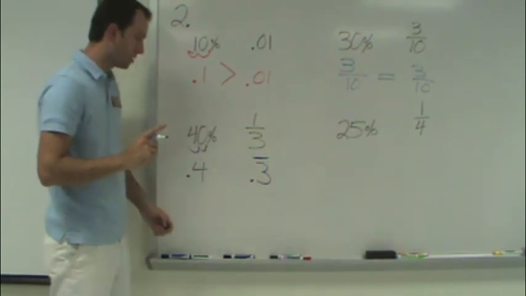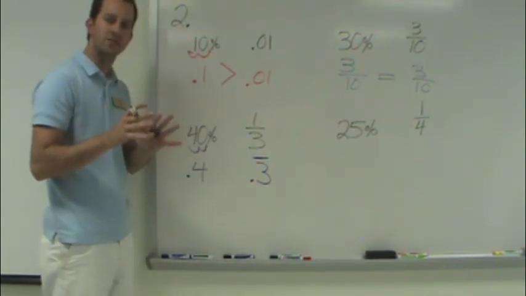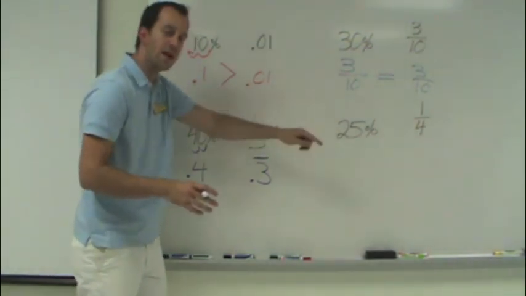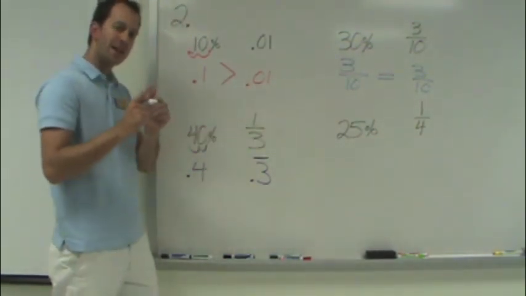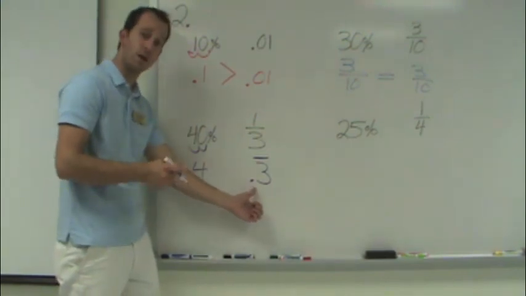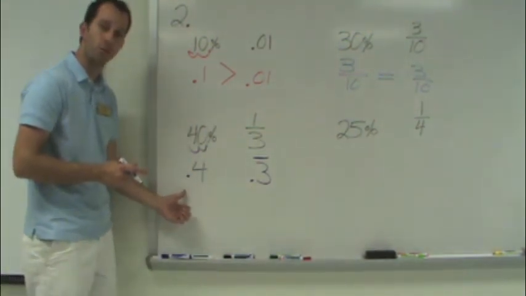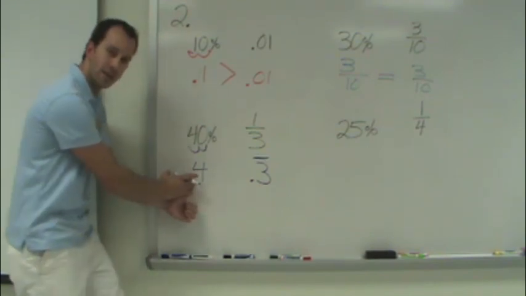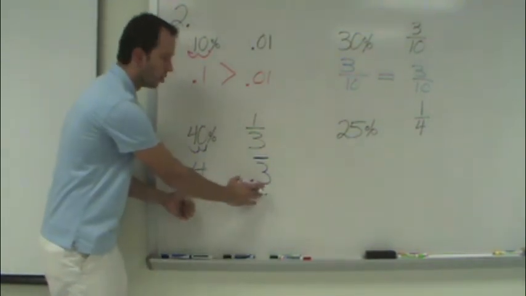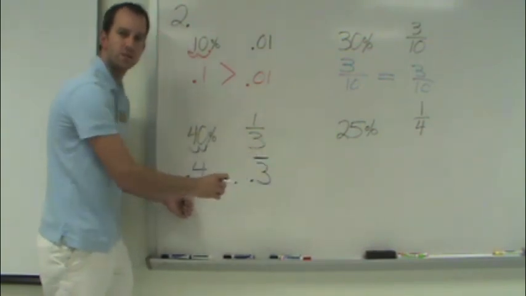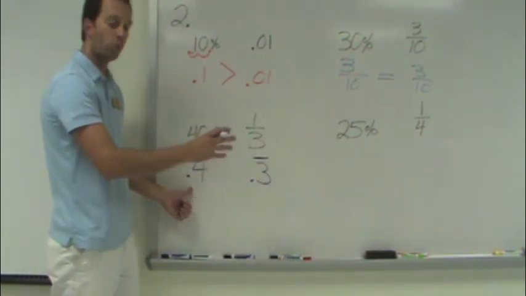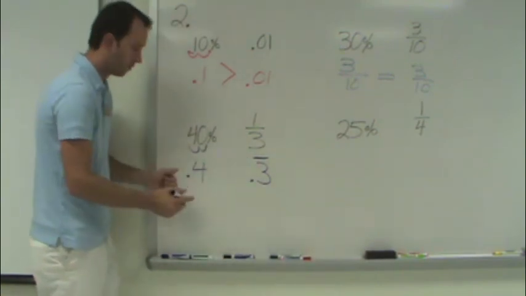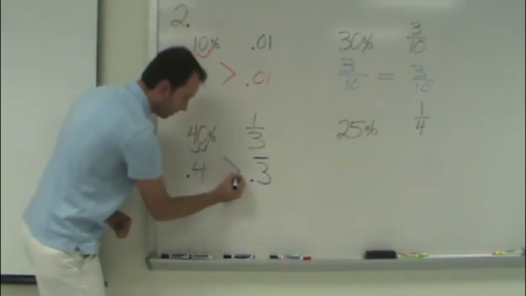To compare these decimals, we still have to understand place value. 0.3 repeating is 3, 3, 3, 3, 3, and it goes on forever. But that does not mean, because it has more numbers, that it's greater than 0.4. 0.4 is still the bigger number because 4/10 is greater than 3/10. No matter how many hundredths, thousandths, 10,000ths, etc. we add on to 3/10, it will never reach 4/10. 4/10 is the greater number.